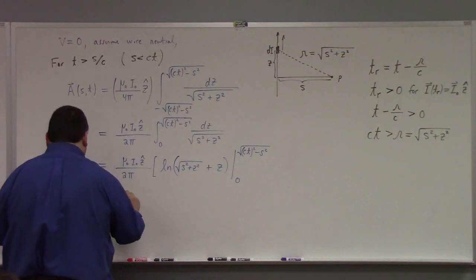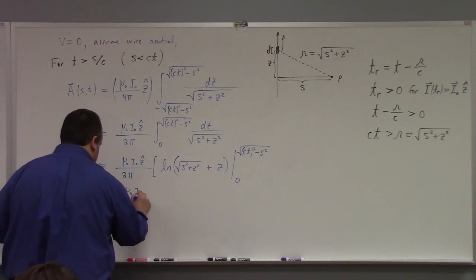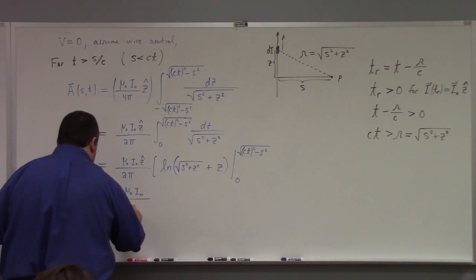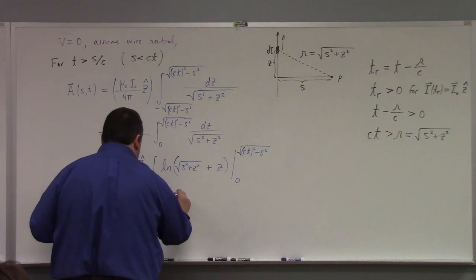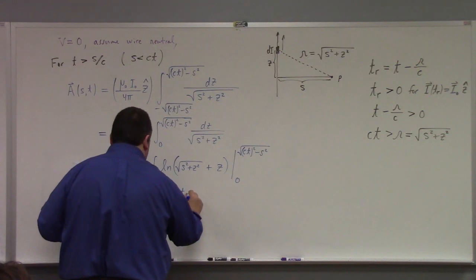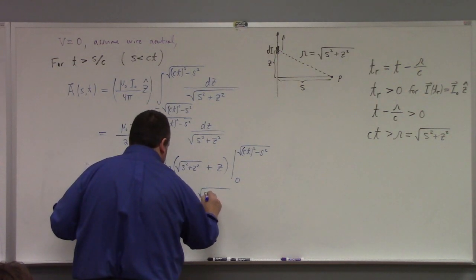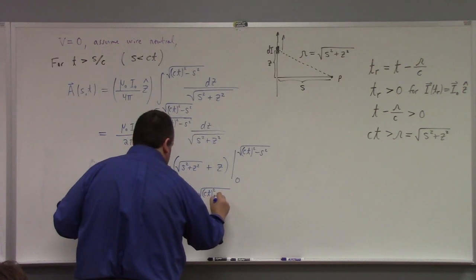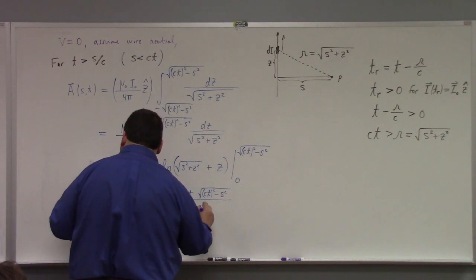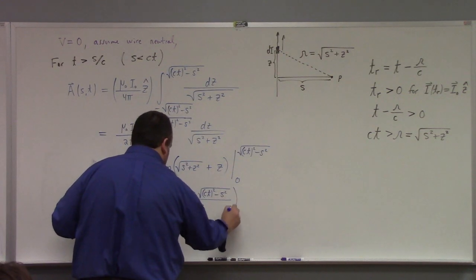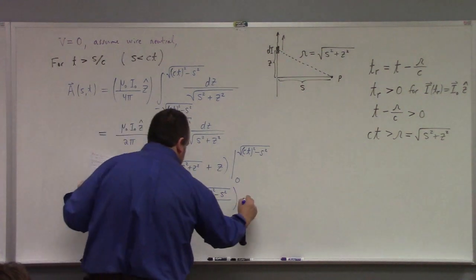And so what that gives us is mu naught I naught over 2 pi times the natural log of the quotient of ct plus the square root of ct quantity squared minus s squared, all divided by s in the z hat direction.